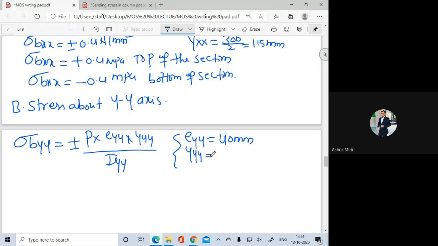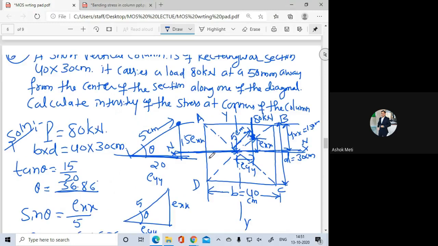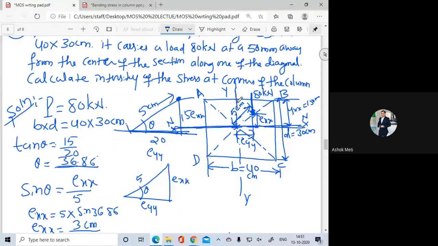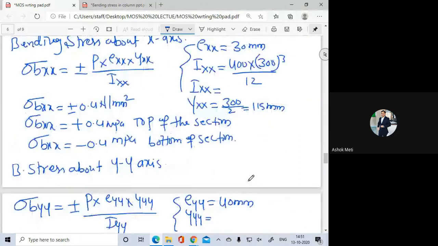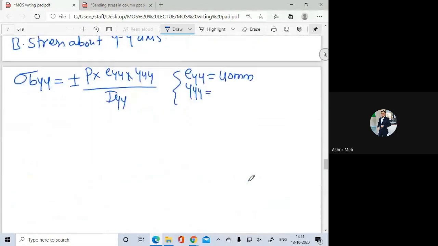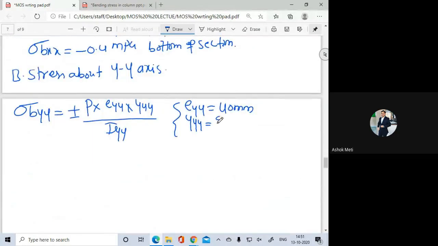With respect to this y, we can consider this distance. Total is 400 divided by 2, so y is 200. So now it is 200 mm. Next is iyy. How to calculate the iyy?